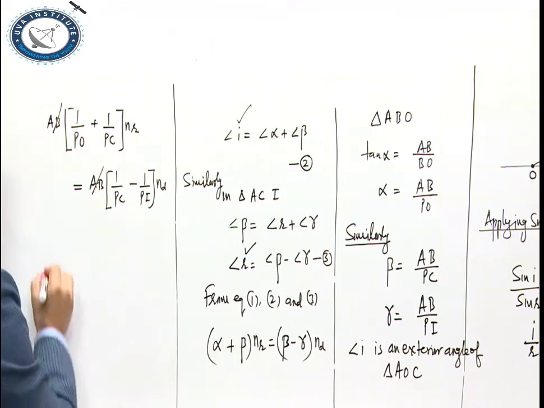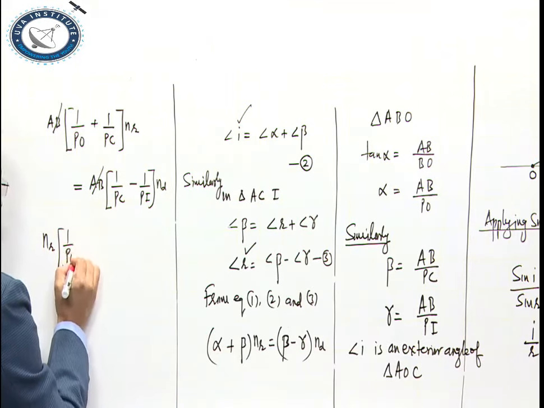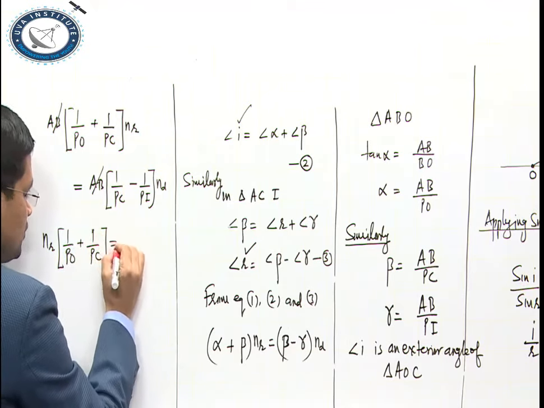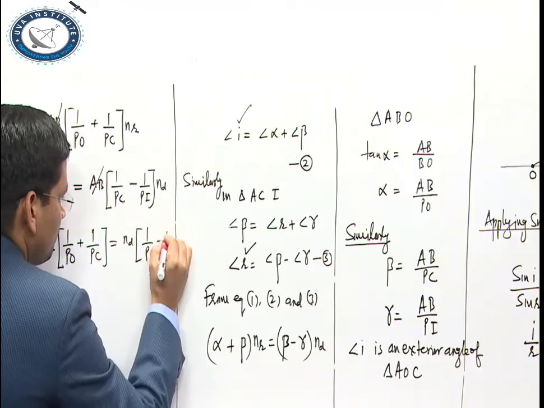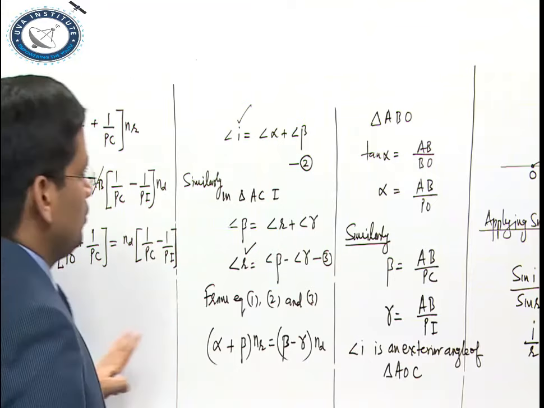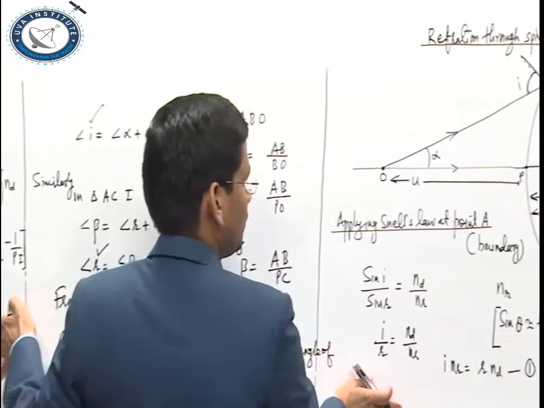Now this is a very important equation. You have Nr times (1 by PO plus 1 by PC) is equal to Nd times (1 by PC minus 1 by PI). Now we have to follow the sign convention very properly.